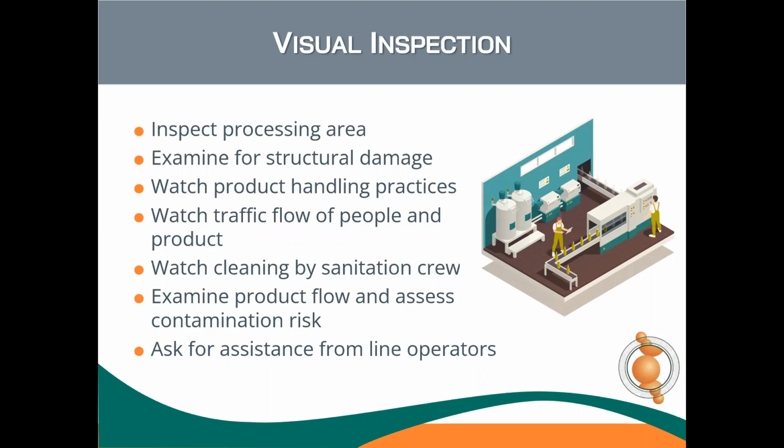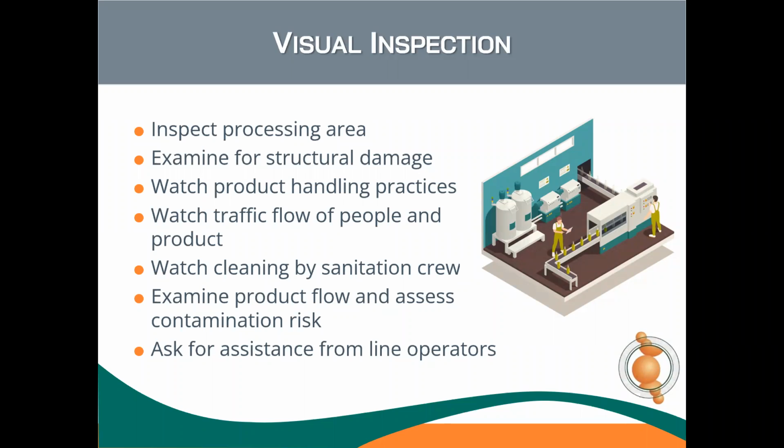With this, you're going to inspect the processing area. You want to really examine for structural damage in your facility. You also want to watch the product handling practices in your facility. And so during processing, you're going to really watch those handling practices from your workers in your facility.